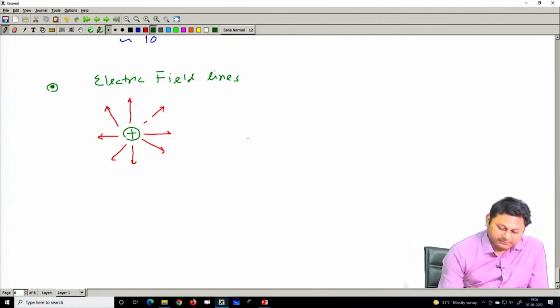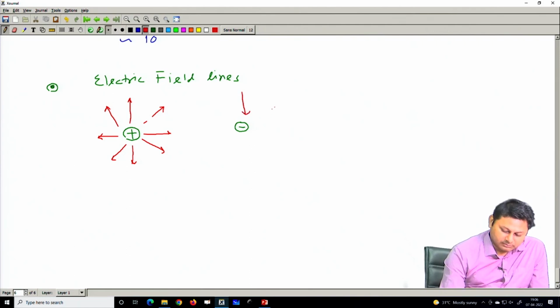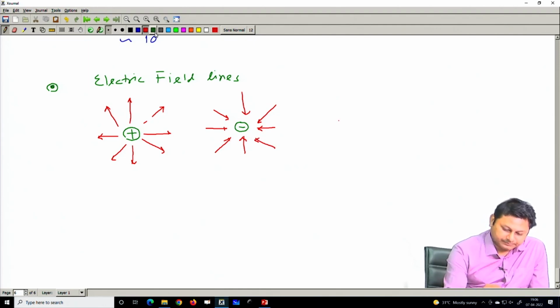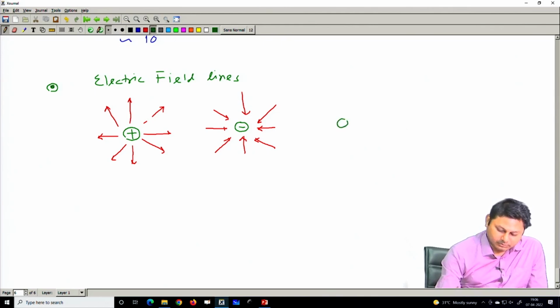When we put a negative charge here, the field line will be inward. And when we have both signs, I can have the field line like this.